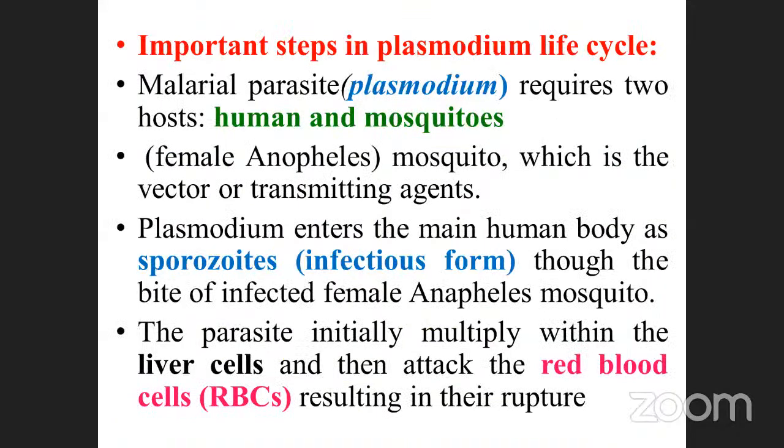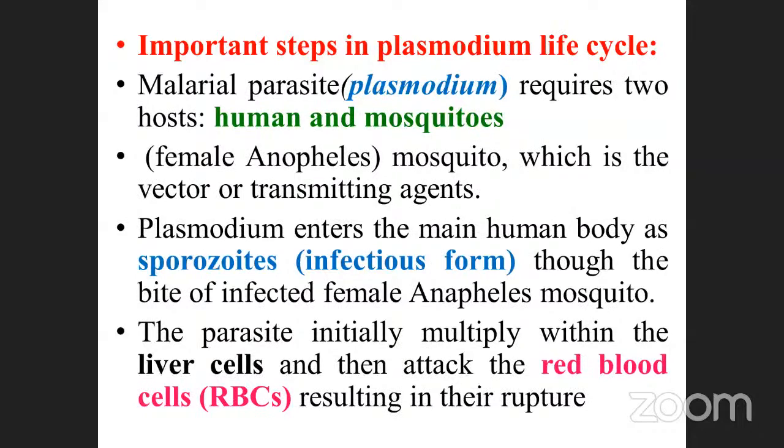Okay. And then what are the 2 types of hosts? One is what? Human being, and another one is the mosquito. Both are essential for completing the life cycle of the malarial parasite. Suppose either one is absent, it will not be completed, isn't it?